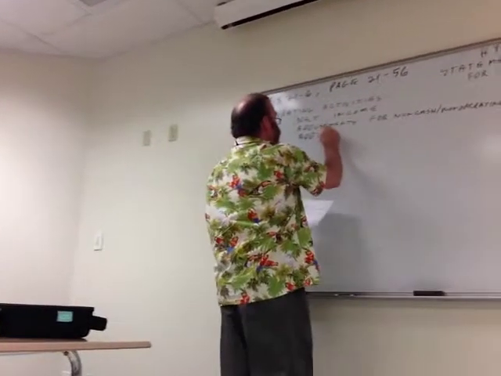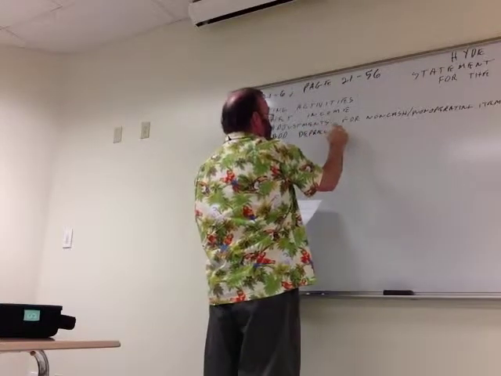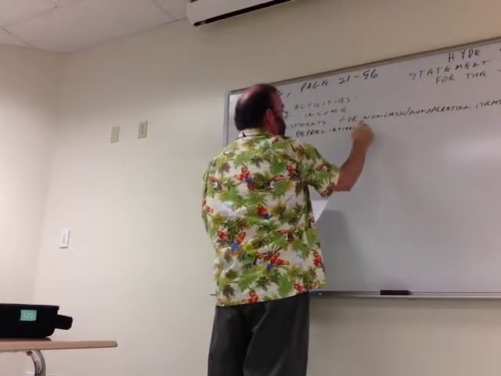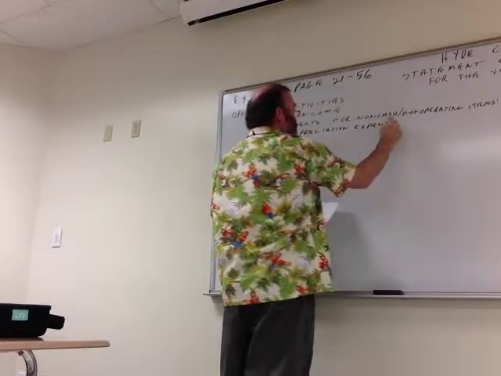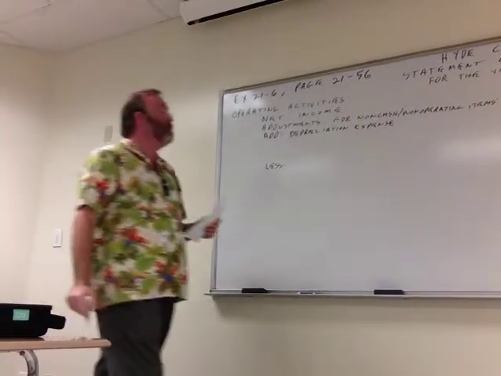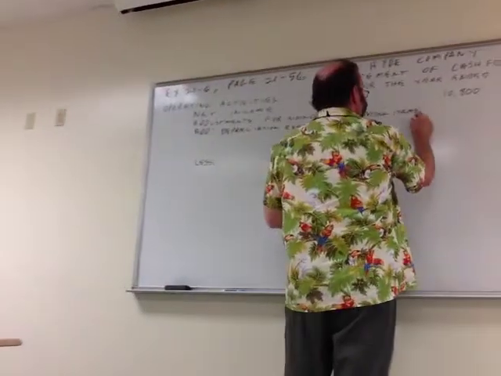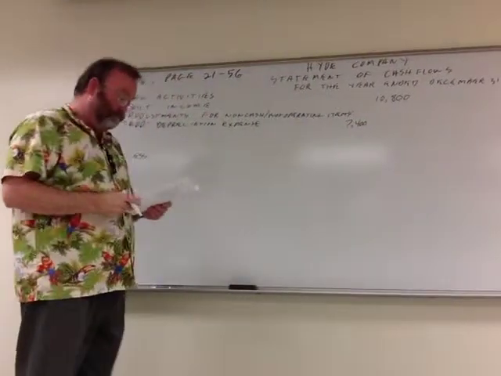So in this list, we have some depreciation expense. It's item number C for $7,400, and that's an add back.